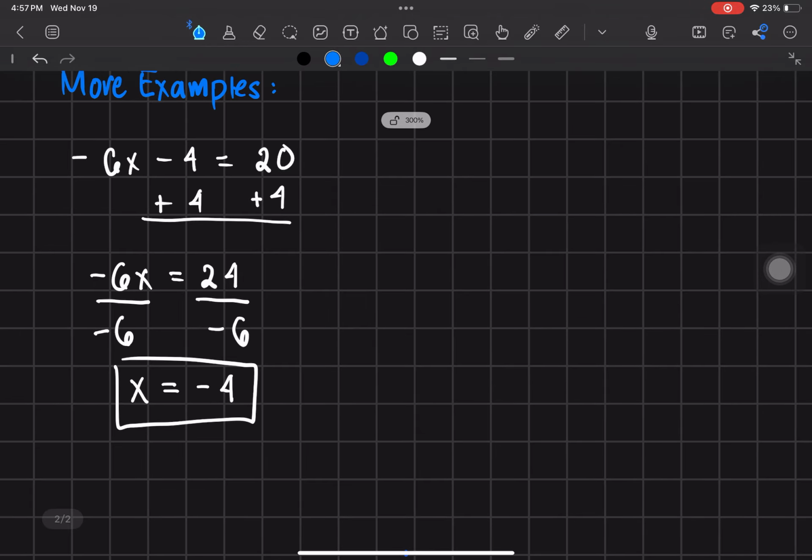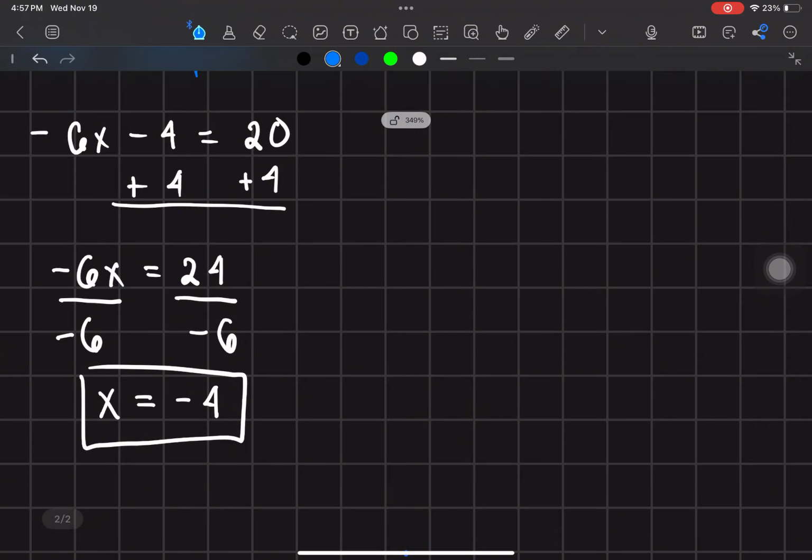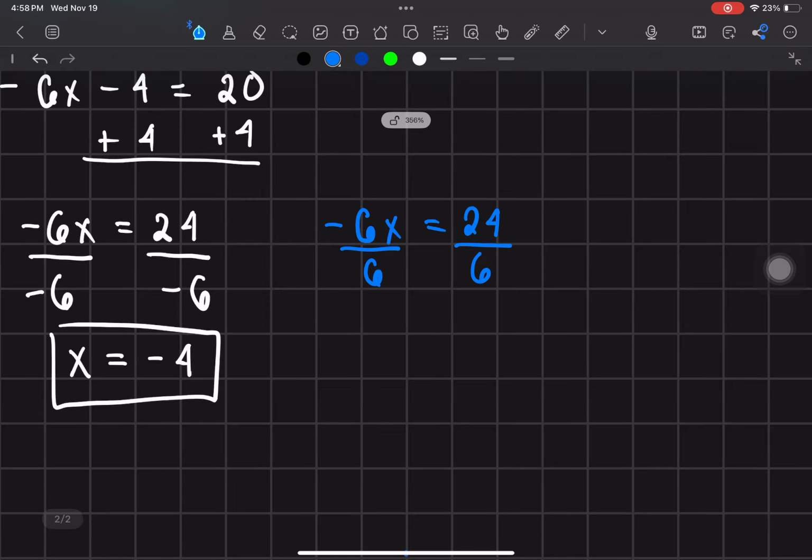But what if we divided both sides by 6 instead? Let's try that. So we'll have negative 6x is equal to 24. Then we divide both sides by 6 instead. Negative 6 divided by 6 is negative 1 times x, which is negative x, equal to 24 divided by 6, which is 4.